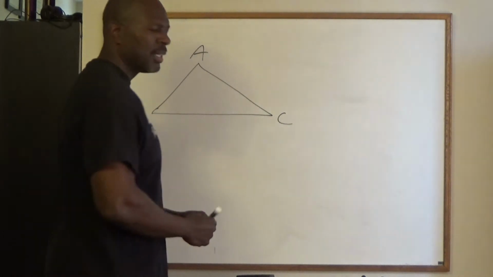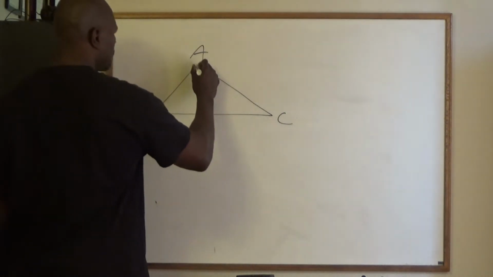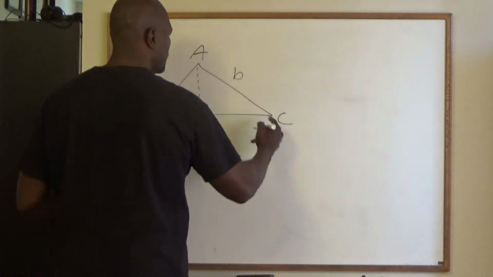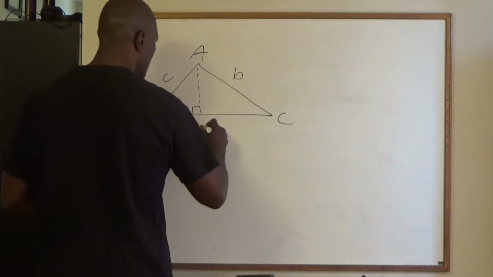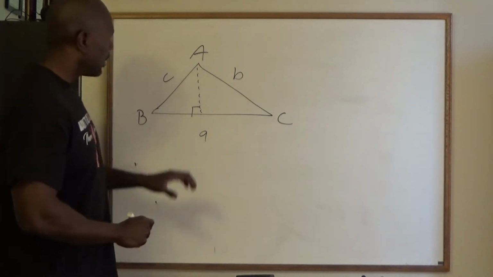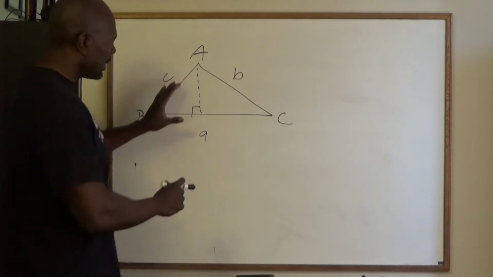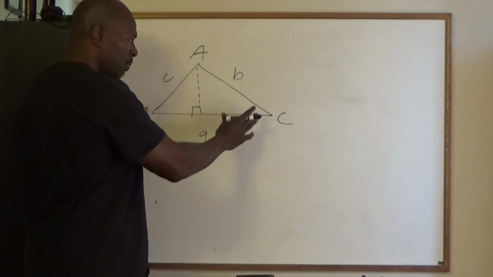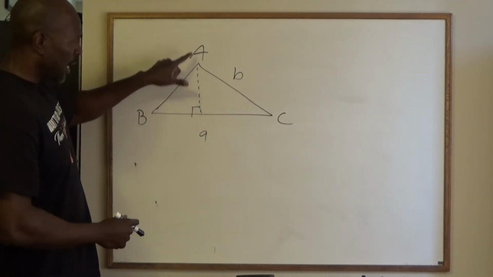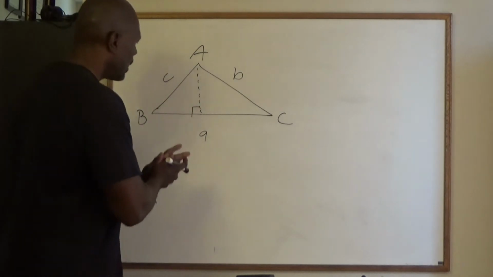And so I'll do the same thing as before. I'll create a right triangle. And again, this is little b here, this is little c, and this is little a. Now, this is the height of the triangle from this perspective, but it's not h. It's not equal to that other height. Even though this is the height of the triangle, this triangle has a different base.